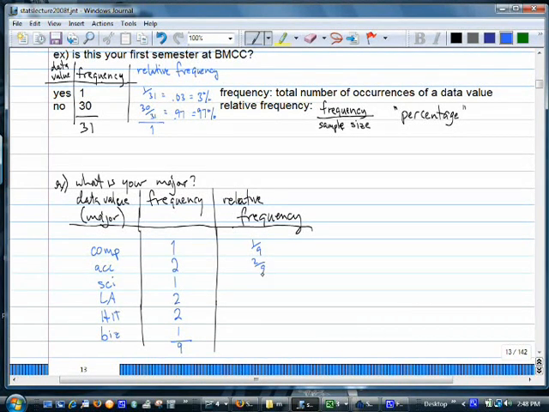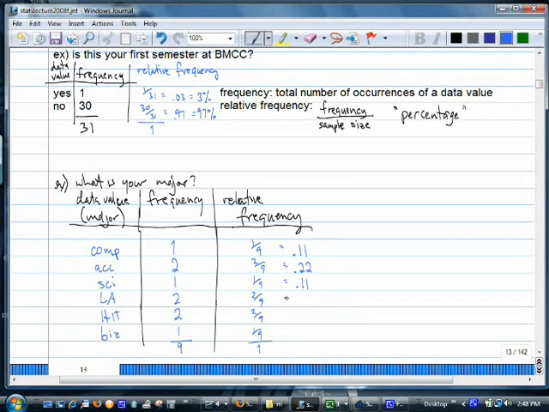Now, because I'd like to have this later, we're going to write this down as a decimal. So as a decimal, what do we have for computers? 0.11, 0.22, 0.11, 0.22, 0.22, 0.11. And of course, all of that adds up to 1.